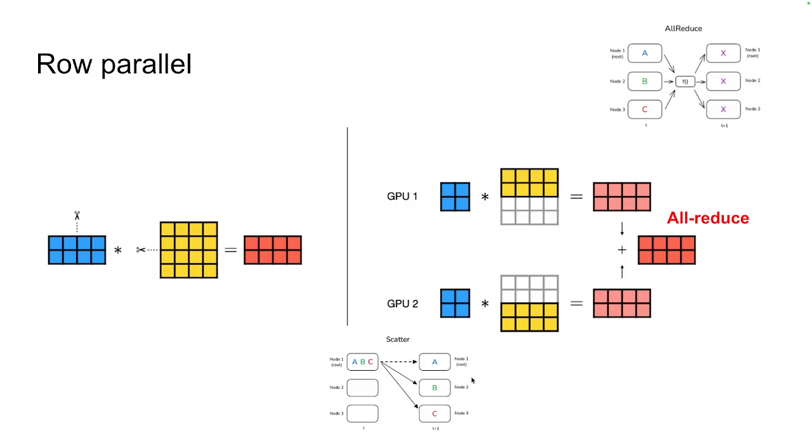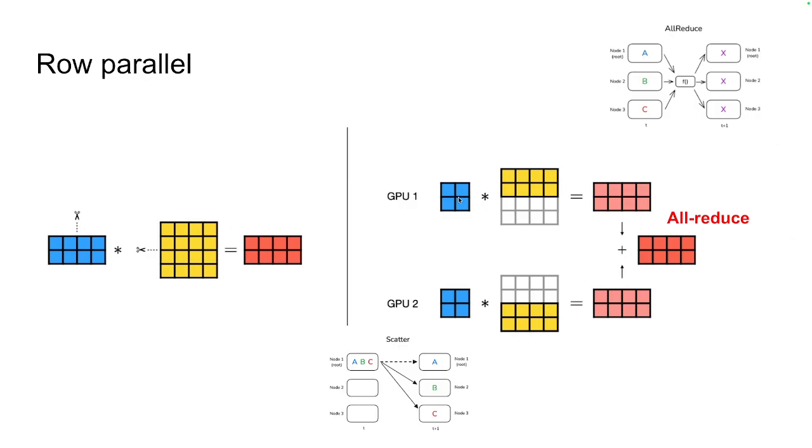So you can just do a scatter operation and send from the source to all these three destinations. So this is doing a scatter operation where this part is going to the first GPU and this part is going to the second GPU. Now we have sliced the yellow matrix.